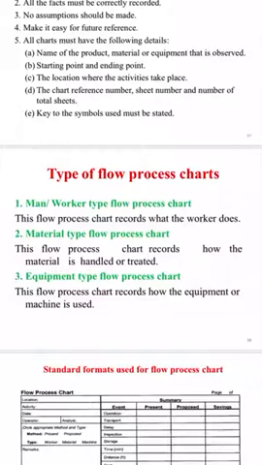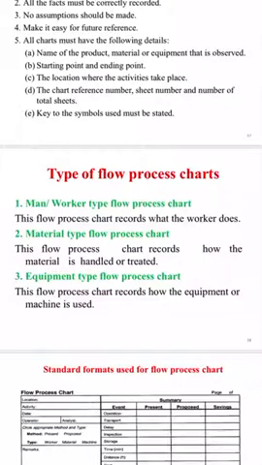Then the material type flow process chart records how the material is handled or treated. All the activities related to the material only will be recorded. In the first case, activities related to man will be recorded.